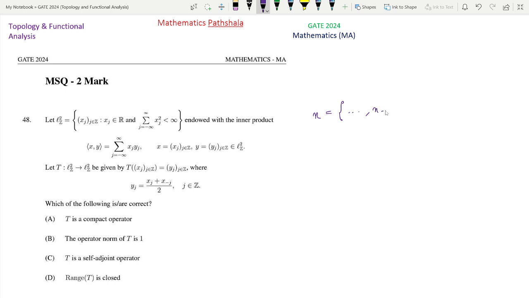Say here x_{-2}, x_{-1}, x0, x1, x2, dot dot.